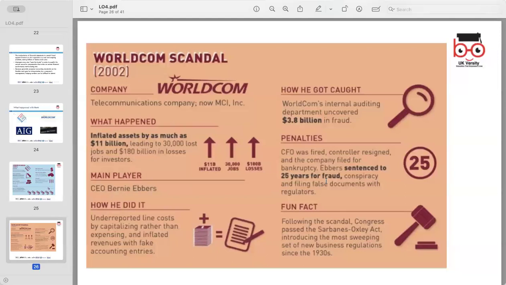This company filed for bankruptcy, and Congress responded by passing the Sarbanes-Oxley Act, which introduced the most sweeping set of new business regulations since 1930.